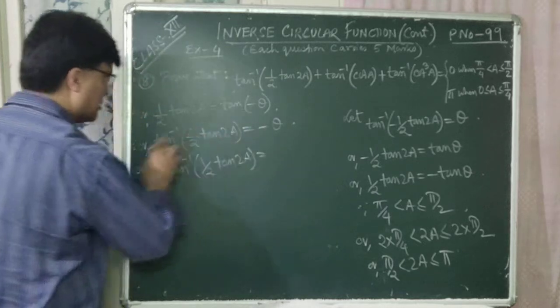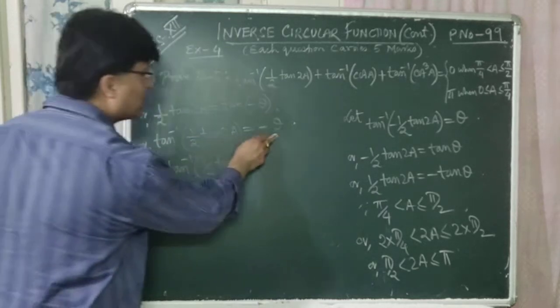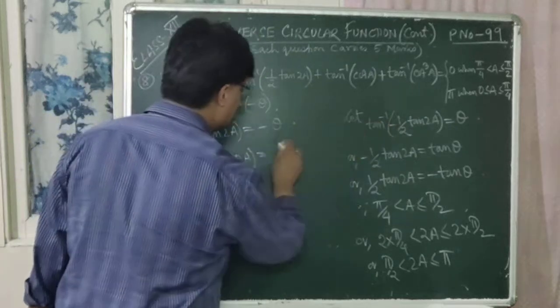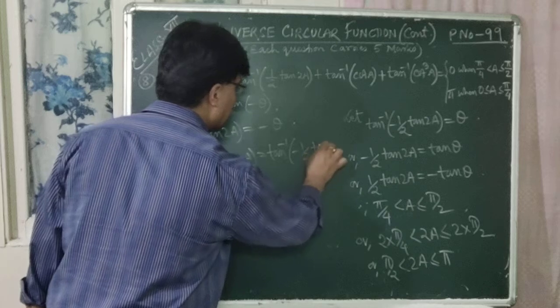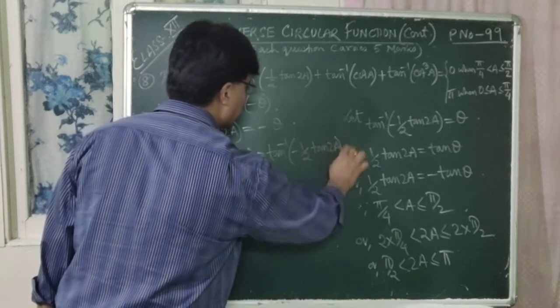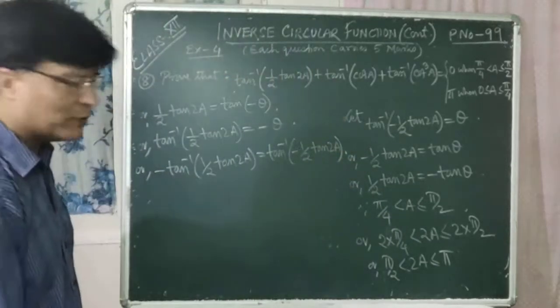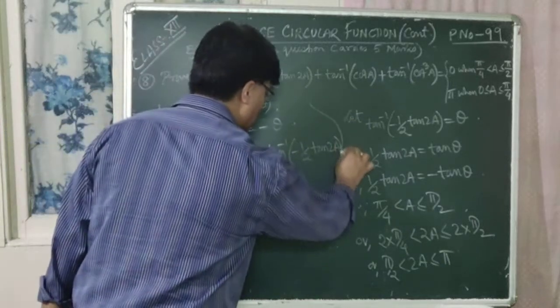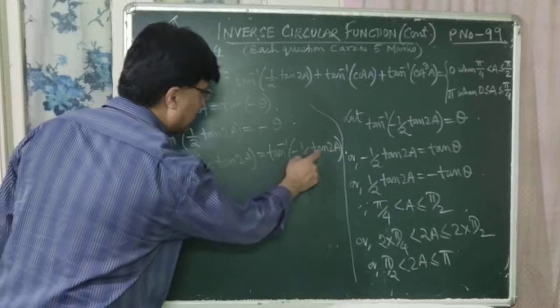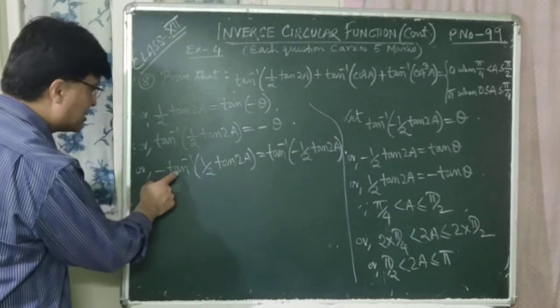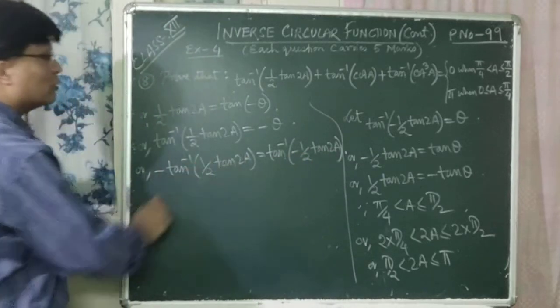This minus sign is taken to the left hand side. It becomes minus. Now put the value for theta. Actually what was theta in this case? It is tan inverse within bracket minus half tan 2a. Is that clear to all of you? So we have got, that is tan inverse within bracket minus half tan 2a is equal to what? Minus tan inverse within bracket half tan 2a.